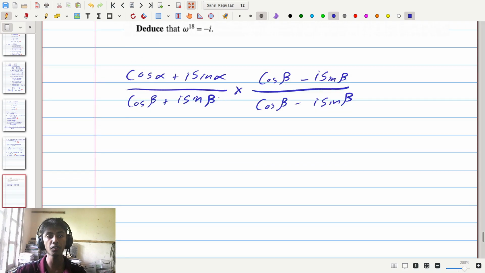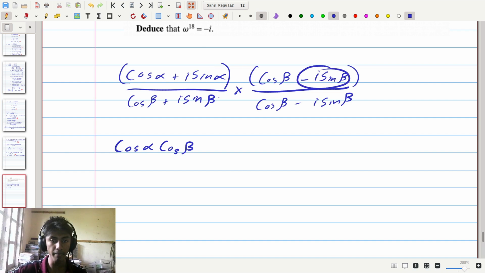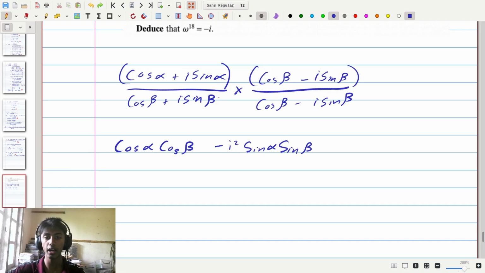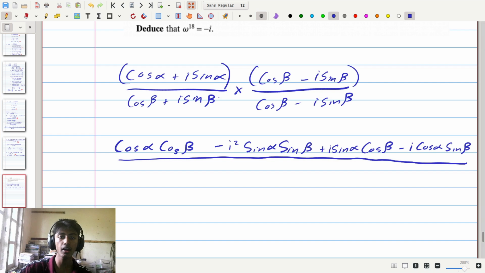Now doing so, on the numerator we have to multiply these two terms, and if we distribute out these brackets, we are going to get cos alpha cos beta, and then we'll get i sin alpha times minus i sin beta, which is going to be minus i squared sin alpha sin beta, and then we'll get plus i sin alpha cos beta, and then minus i cos alpha sin beta, all divided by the product of cos beta plus i sin beta and cos beta minus i sin beta.